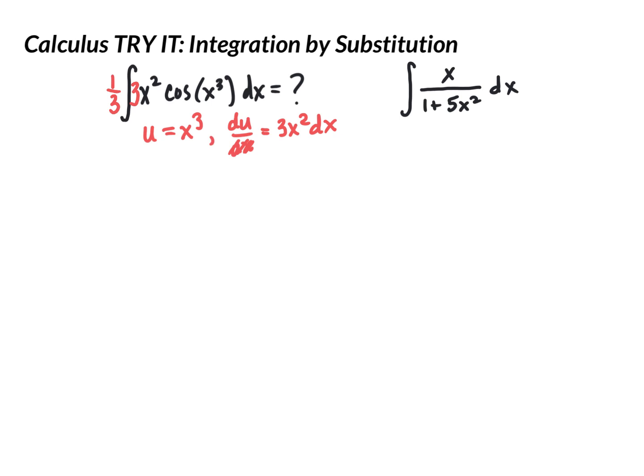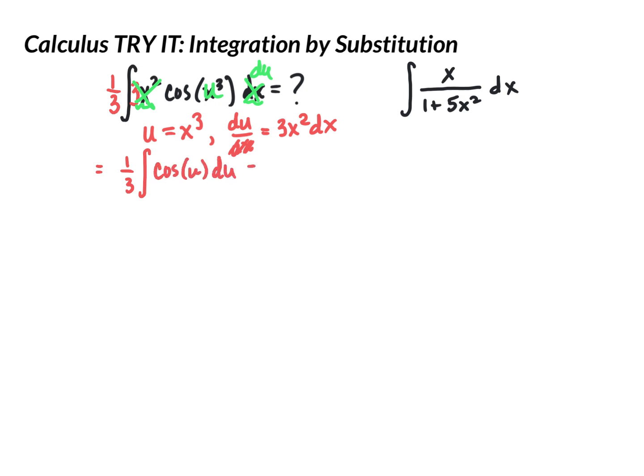We haven't changed anything. But then we can replace our x cubed with a u, just like that, and this 3x squared dx can get completely replaced with just a du. So my integral becomes 1/3 the integral of the cosine of u du.